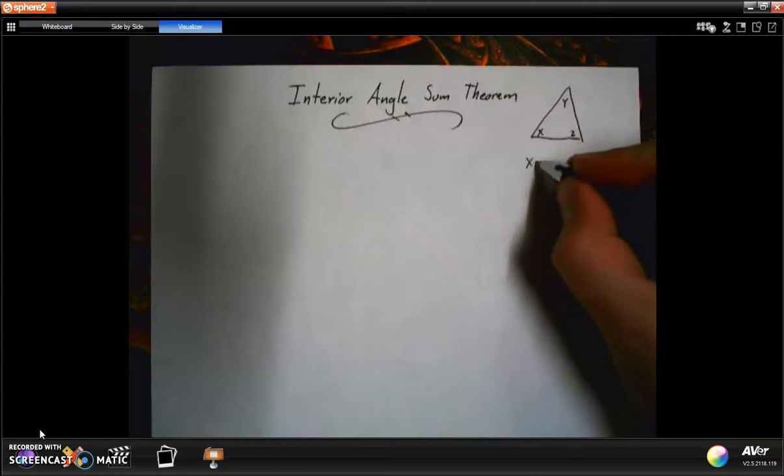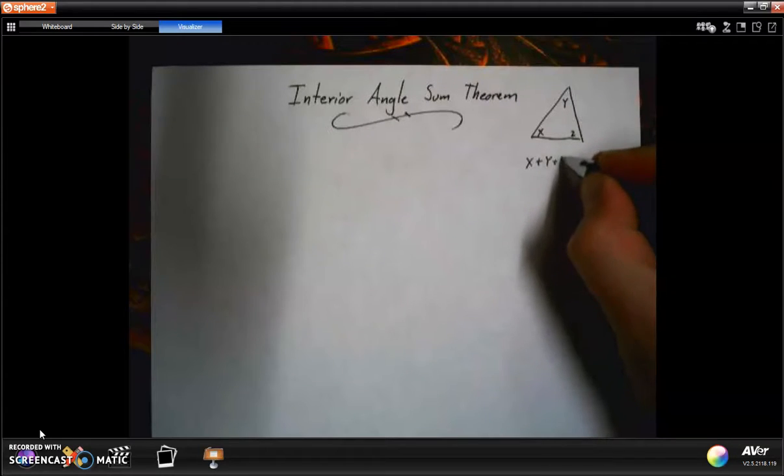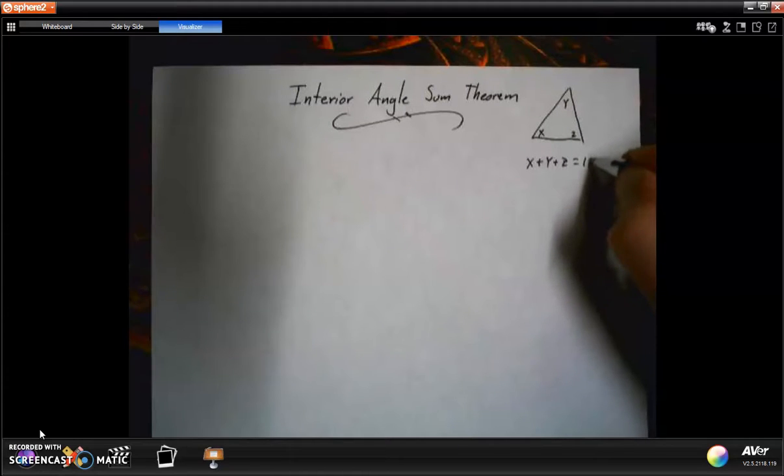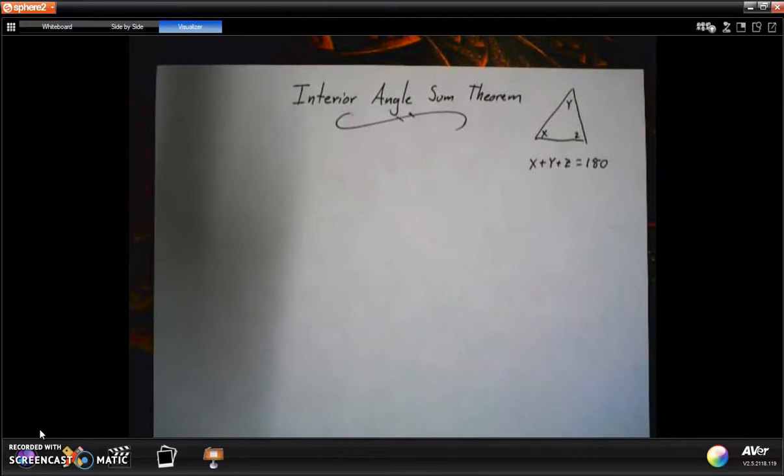So X plus Y plus Z equals 180 degrees. That's the interior angle sum theorem.